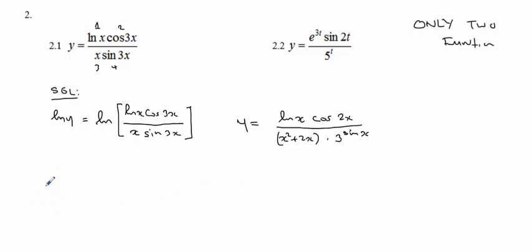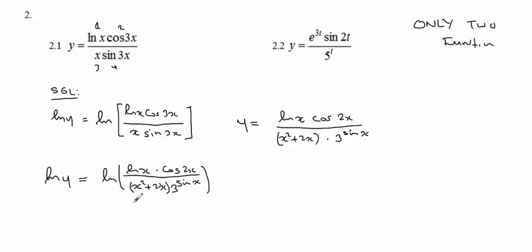So what we do now, let's apply ln on both sides, again on both sides. So that will be ln y equals ln of ln x multiplied by cosine 2x, over x squared plus 2x in brackets, times 3 to the power sine x.